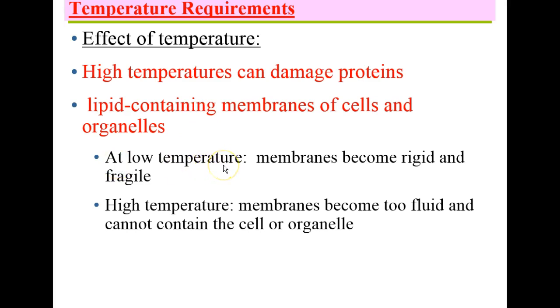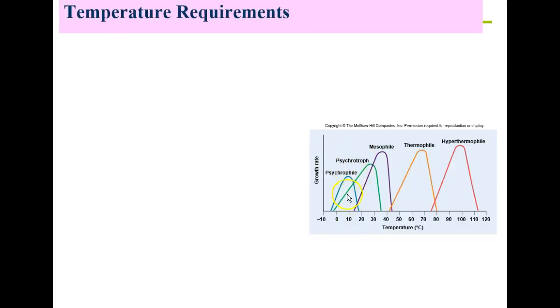At low temperatures, the lipid membranes become rigid and fragile. At high temperatures, the membranes become too fluid and may not be able to contain the cell or its organelles. Because proteins can be quickly damaged if the temperature increases above optimum temperature, growth curves are tilted towards the high temperature range.